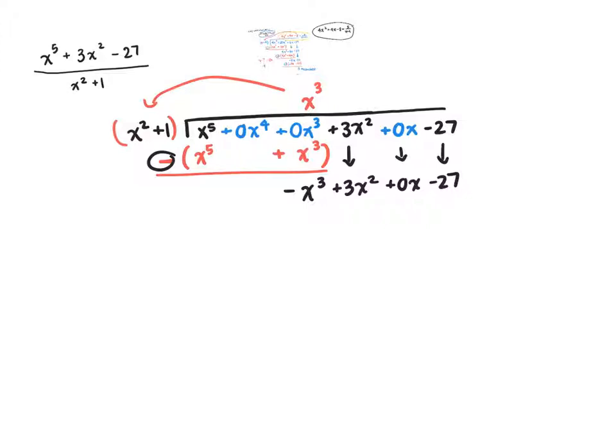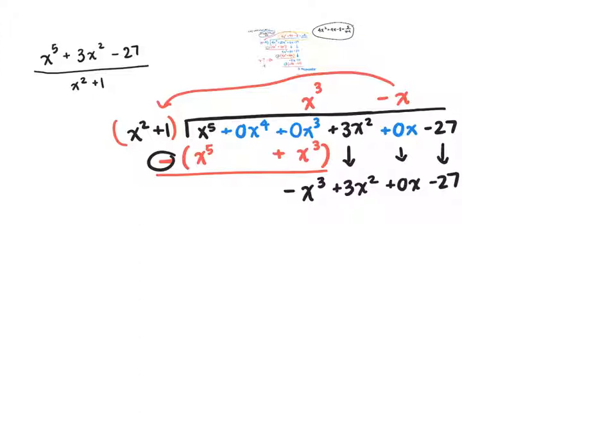And our question goes, x squared times what will give us negative x cubed? And it turns out negative x times x squared will give us negative x cubed. We can go ahead and multiply negative x. Here, let me erase this too. So now we're multiplying negative x times x squared plus 1.